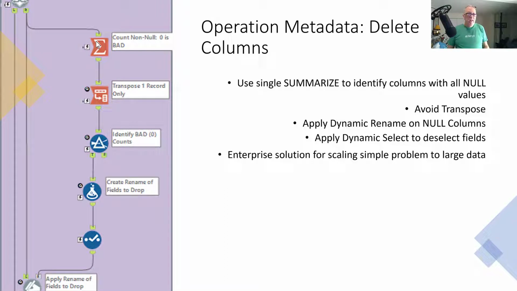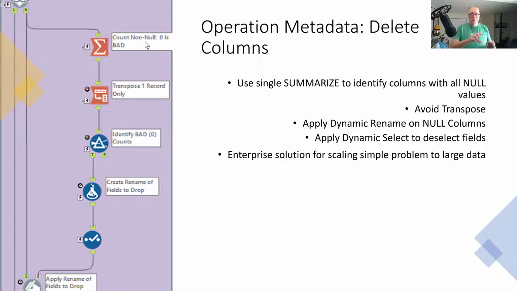And so we'll pay the price once with one Summarize tool to count the non-null data. So 0 is bad in my comment, but it's actually good in the fact that I don't need to delete you. But if the non-null count is 0, that means it's all null. And if it's all null, I'm going to want to get rid of it.